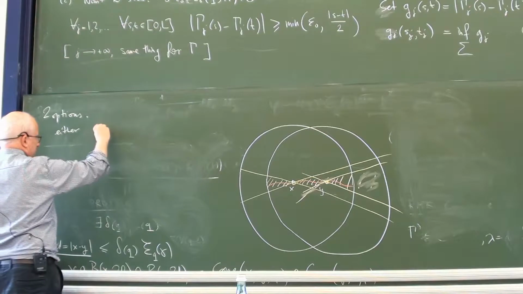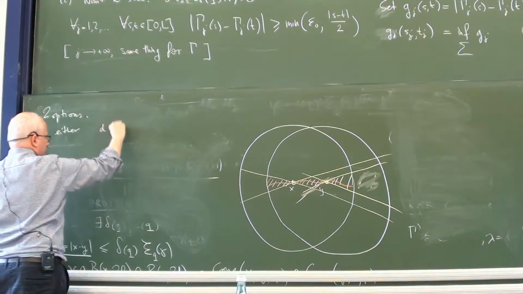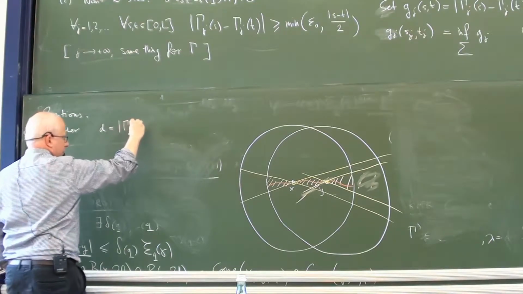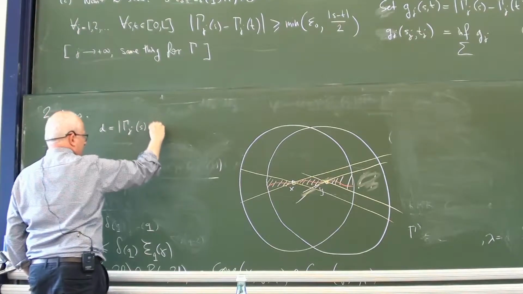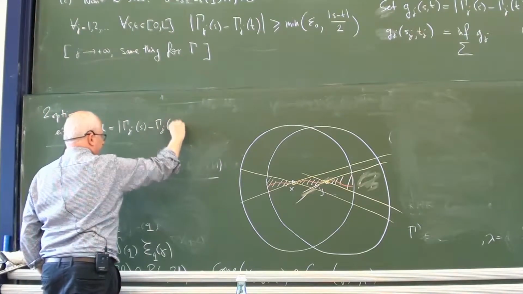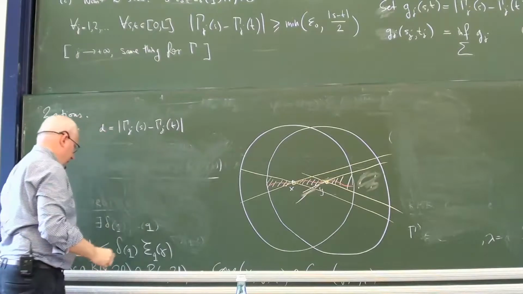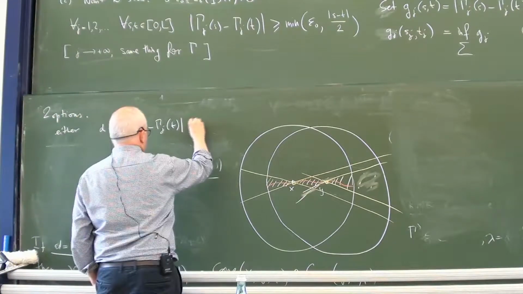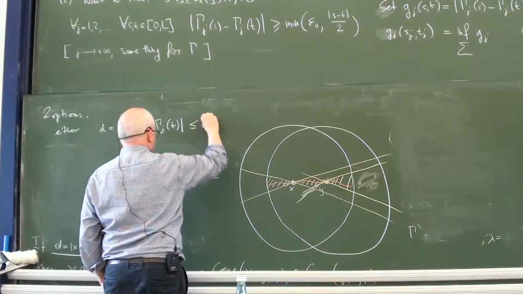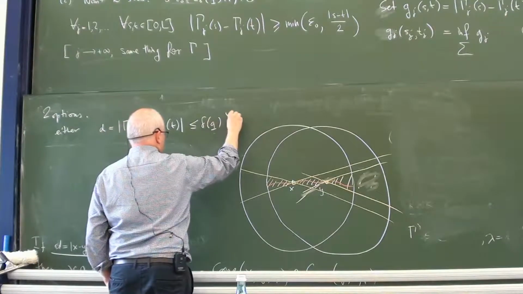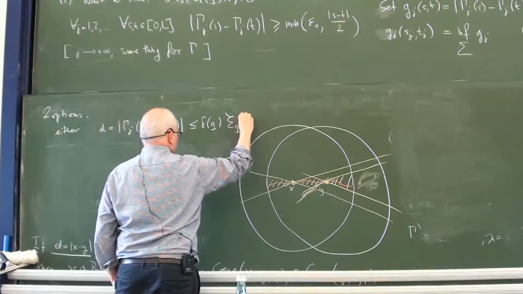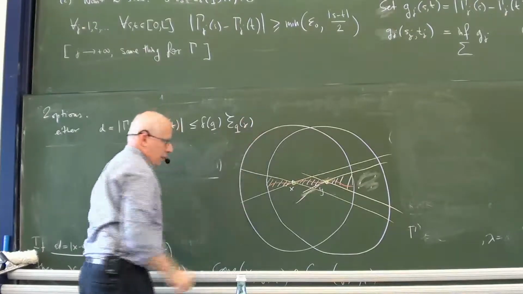Either the distance d, equal to gamma j of s minus gamma j of t, is smaller than delta of q times the energy of gamma.